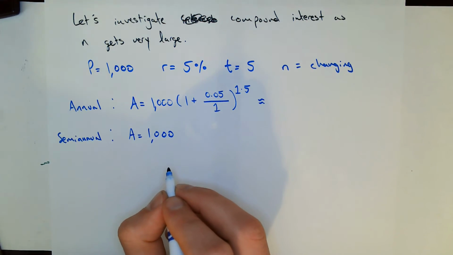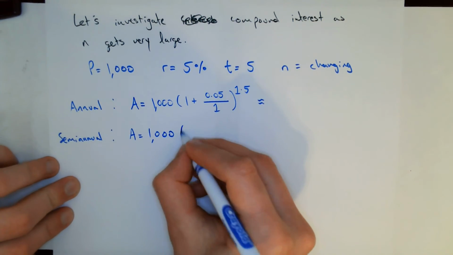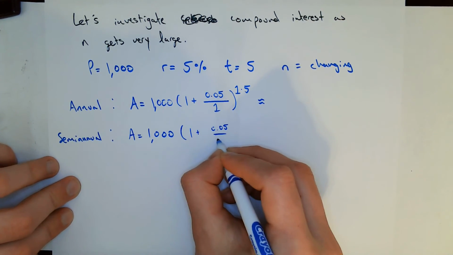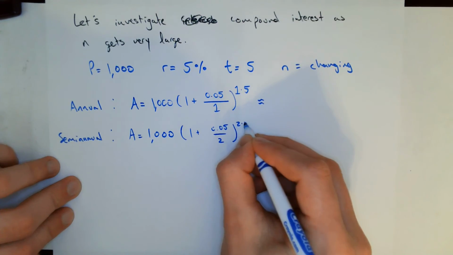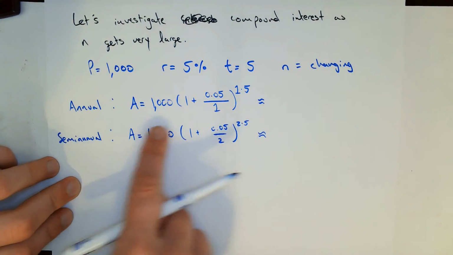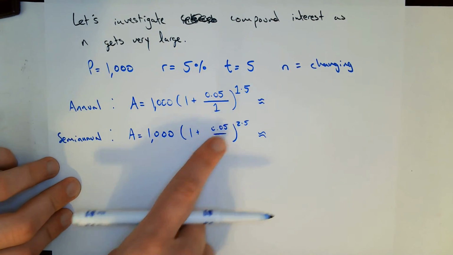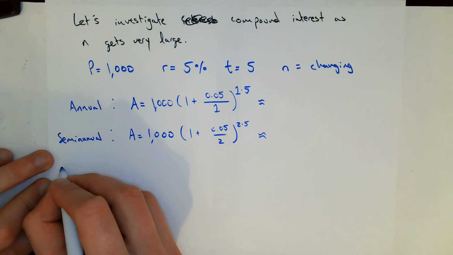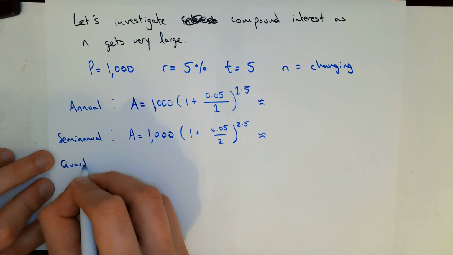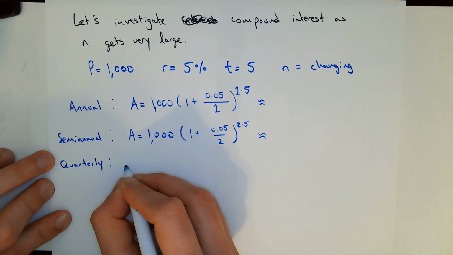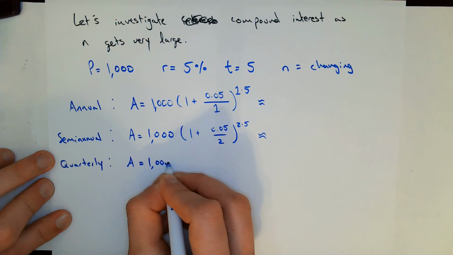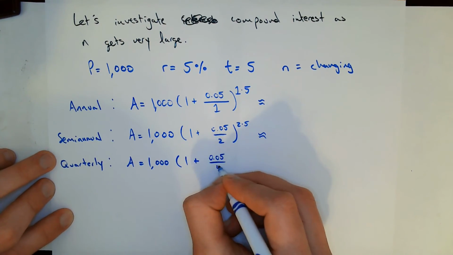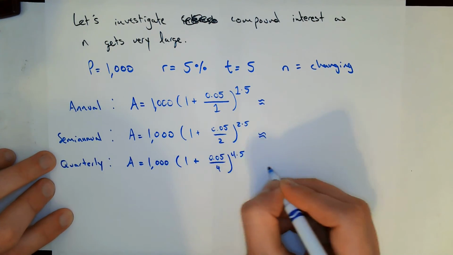And they tell you what each of those words means and what they mean for the value of N. So notice everything is staying fixed except for the value of N. There's 2 for semi-annual. Then we have quarterly. So that position is going to change to a 4 for quarterly. So there's a 4 there and a 4 up here.